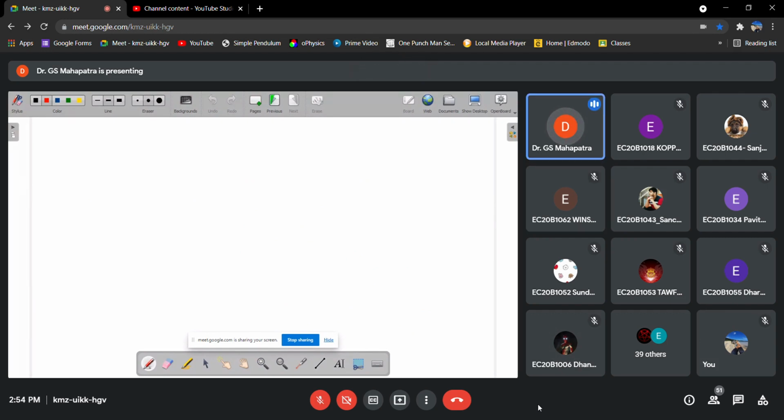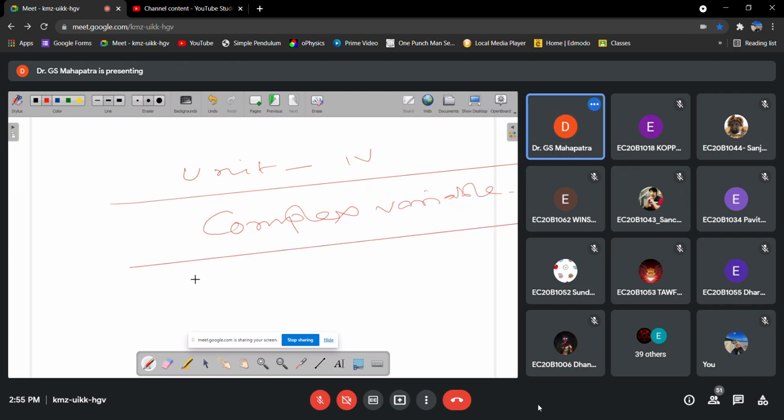Okay, then unit 4. Unit 4 is complex variable. You have studied till now the function f of x, where x is a real line, x is the variable, called minus infinity to infinity.